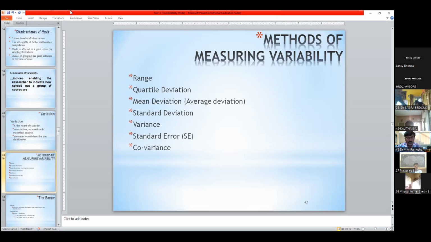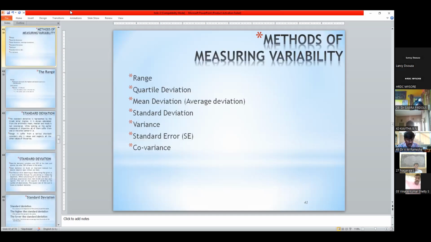Then sometimes we use the word covariance, which will also be one of the measures of variability. But remember, at least SD as one of the major methods of variability you have to take into consideration, otherwise it has a great impact on the analysis.